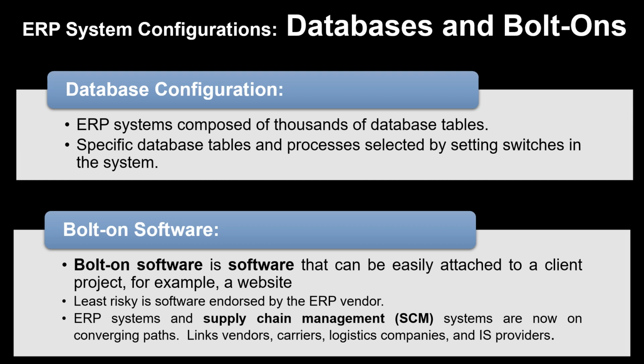ERP systems and supply chain management are an example of two systems that are now on a converging path, linking vendors, carriers, logistics companies, and information system providers.